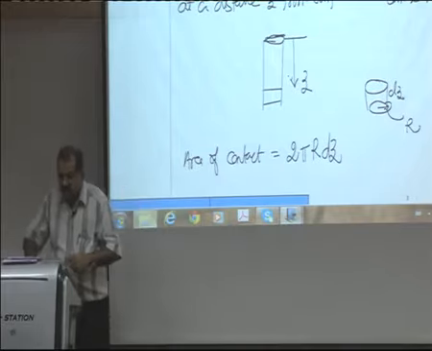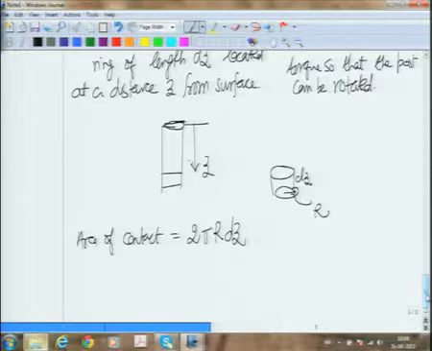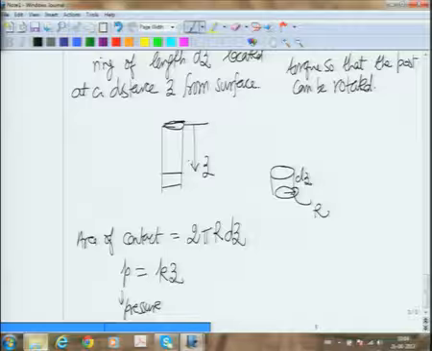Okay. So now on this, the pressure is varying linearly. Let me be very clear, this pressure is equal to kz, and what is the value of k?